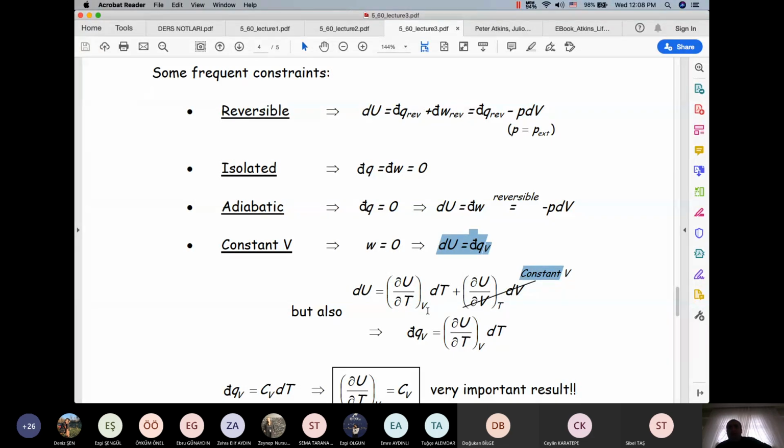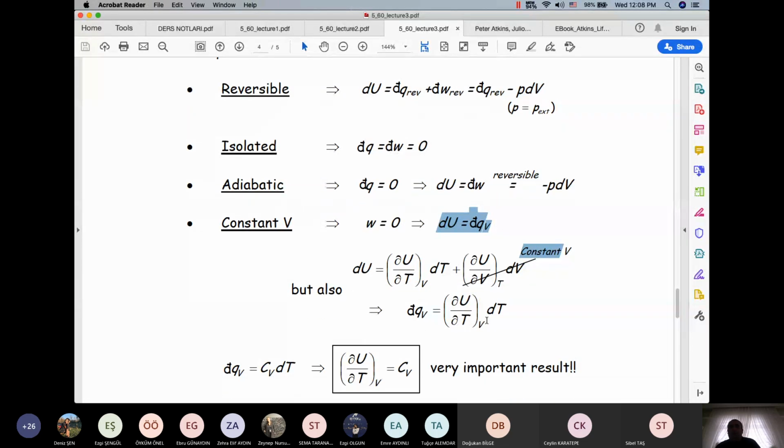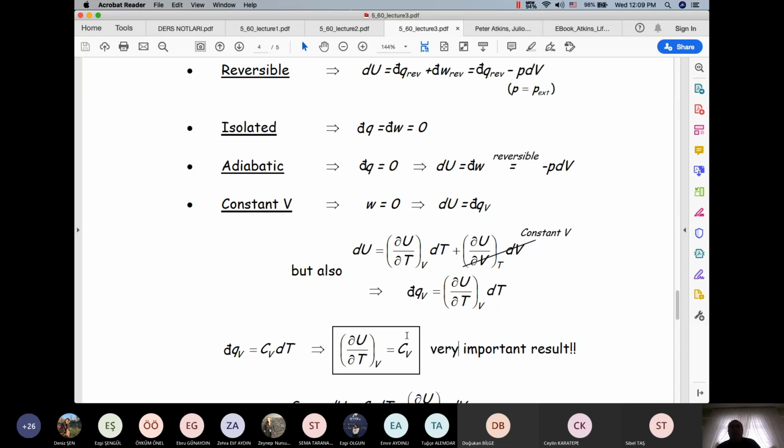So dQ_V is actually (dU/dT) times dT, and the heat change at constant volume is called the heat capacity at constant volume. Okay, so this is the important result of that.